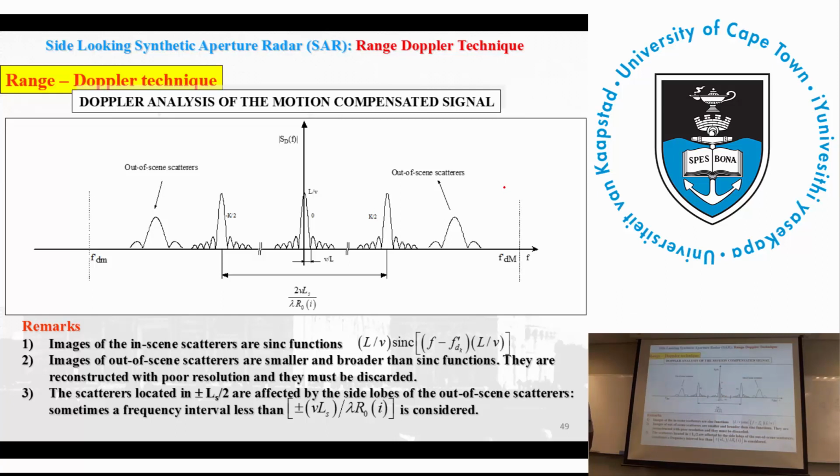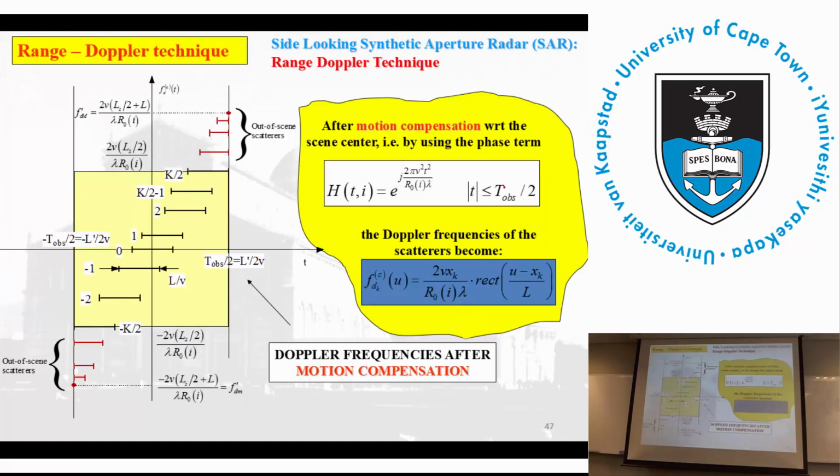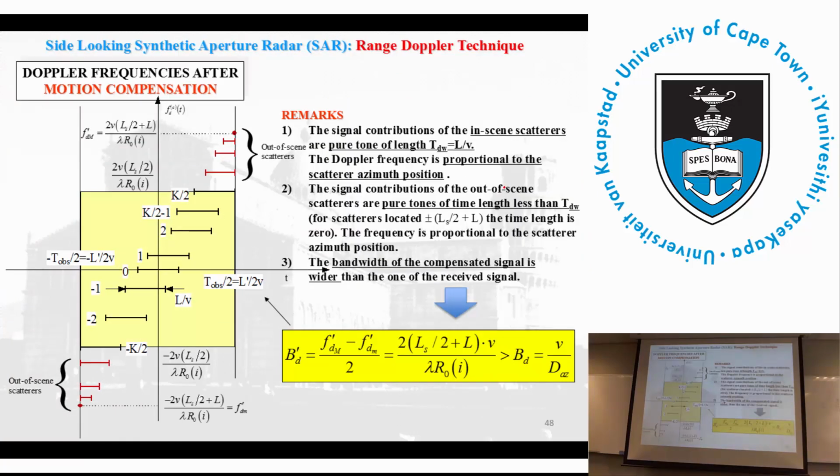So this tells me that what I'm seeing here is pretty much a Doppler profile of my signal in a particular range cell. But I told you before that this frequency f is actually related to x. So this is a scaling factor.